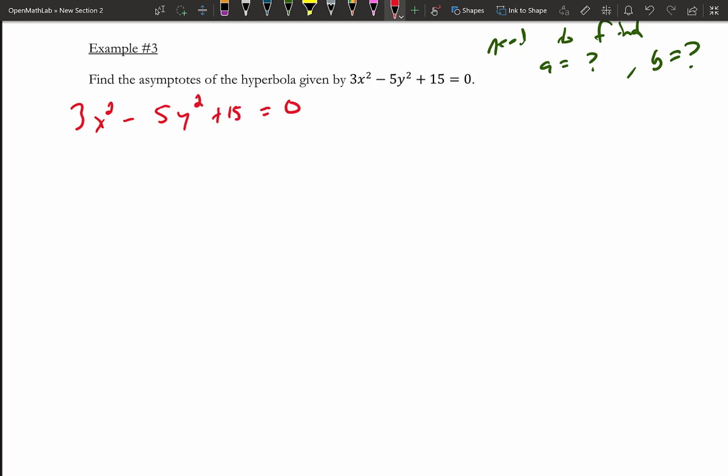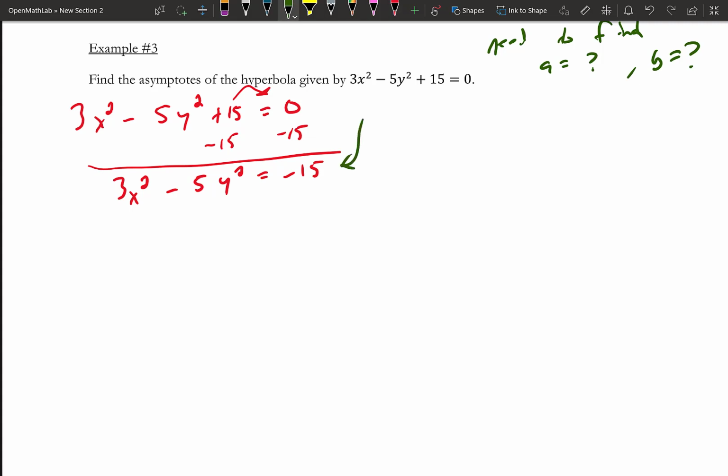We actually want to get this number over here, so I would subtract 15 from both sides, and we get 3x squared minus 5y squared equals negative 15. And then remember, we want this to be 1.